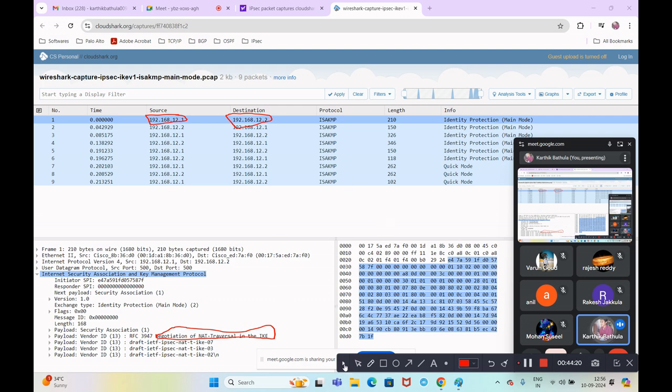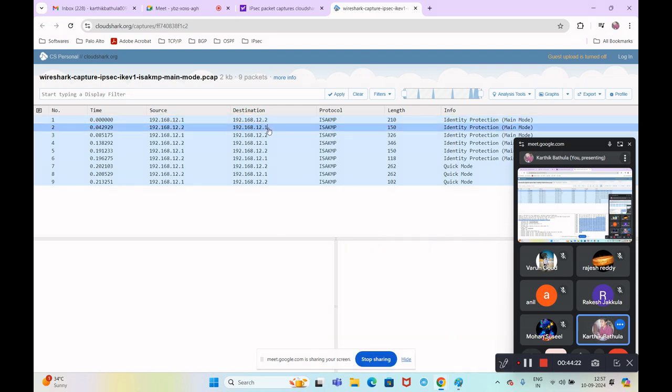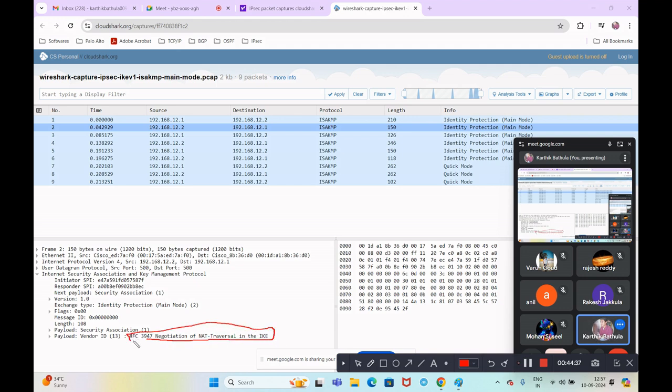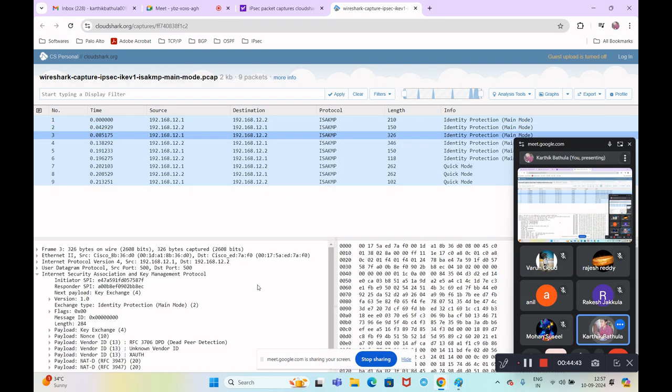In the same way, we can see it in the second message as well. In the second message, see this payload, vendor ID, and it is also sending the negotiation of NAT traversal. If NAT is supported, in the third and fourth messages there will be a NAT payload.